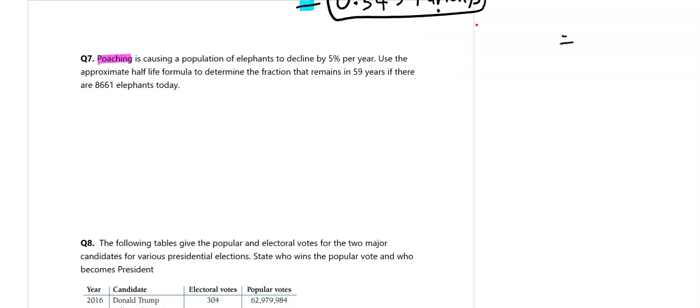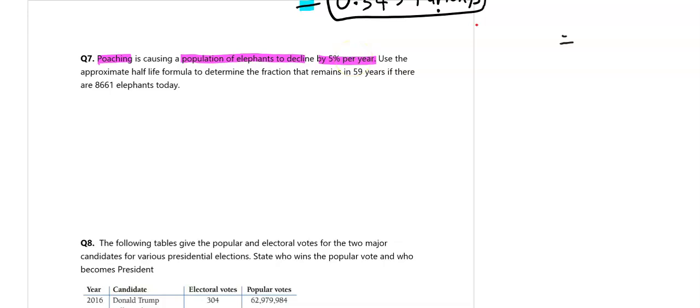Poaching is causing the population of the elephant to decline by 5% per year. Use the approximate half-life formula to determine the fraction that remains after 59 years if there are 8,661 elephants today. This is the initial value, and the question tells you how many elephants remain if they are declining 5% per year.